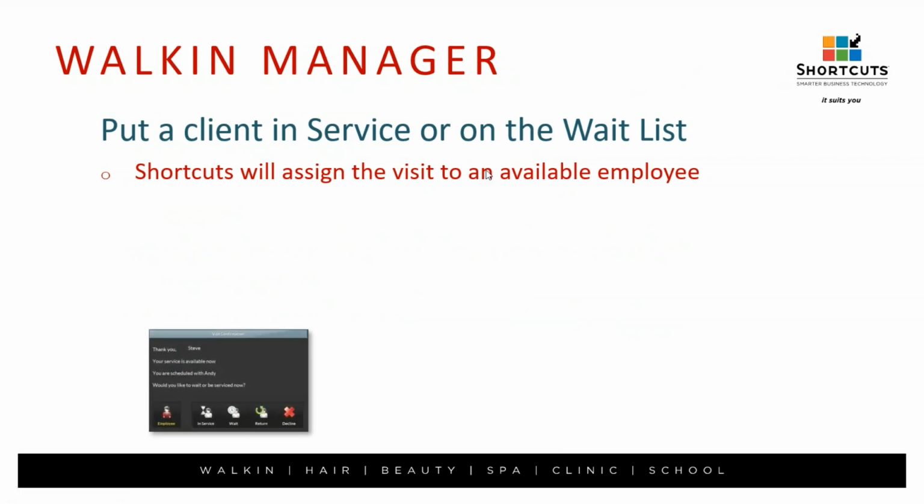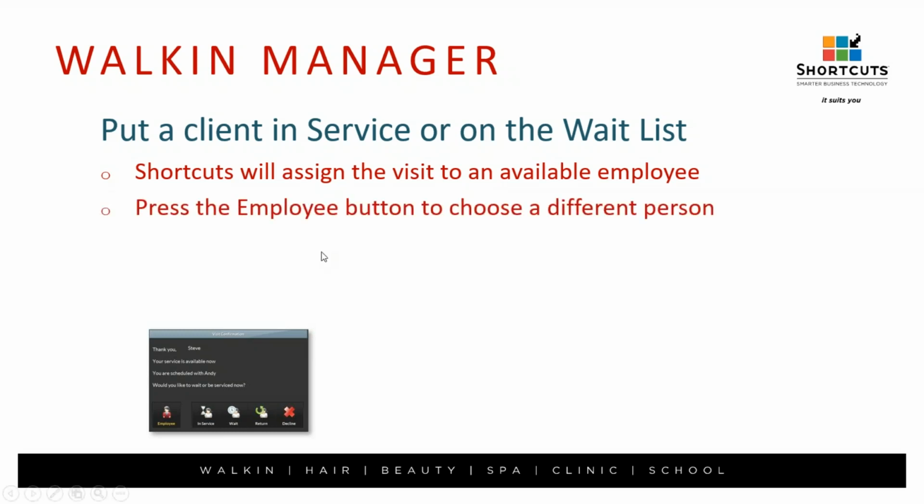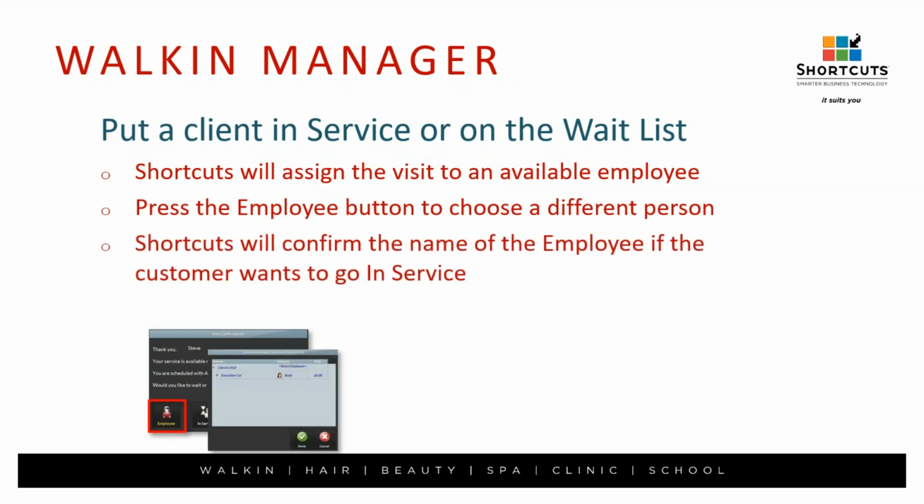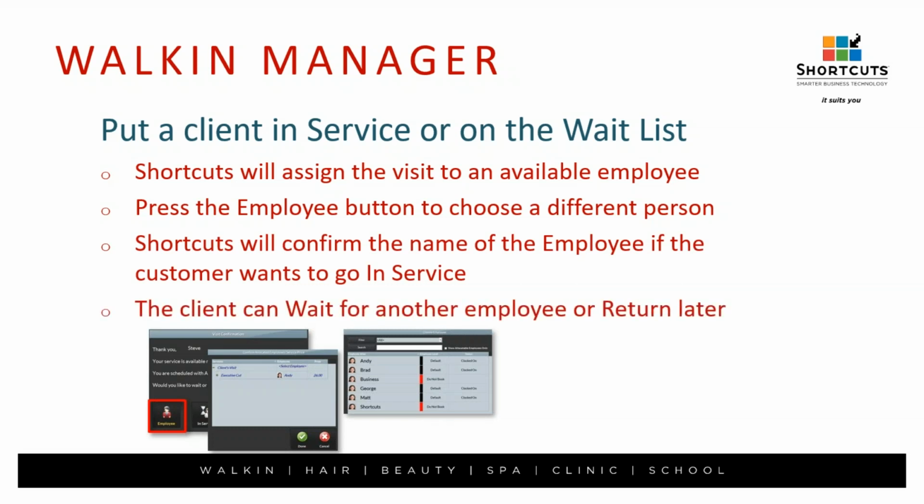So once you've added your customer, you can, of course, put them into service right away if an employee is available, or if this customer does not mind waiting or choosing a different employee, you have those options. So Shortcuts assigns it to the first available, but if the customer has a preferred employee, you can absolutely tag them.